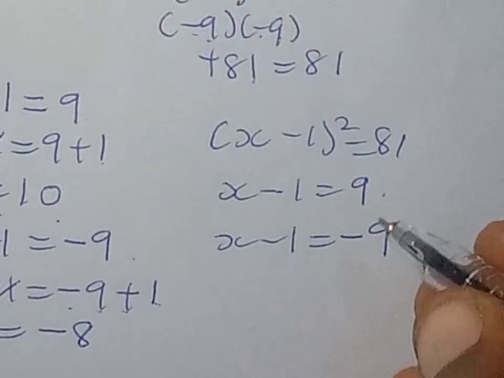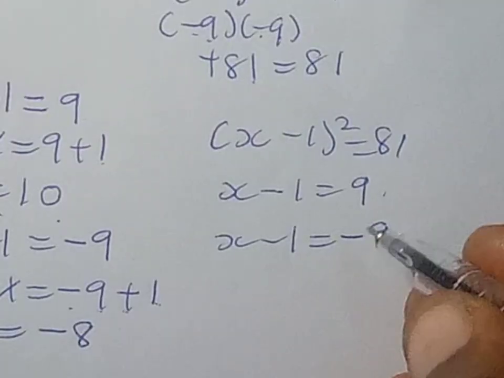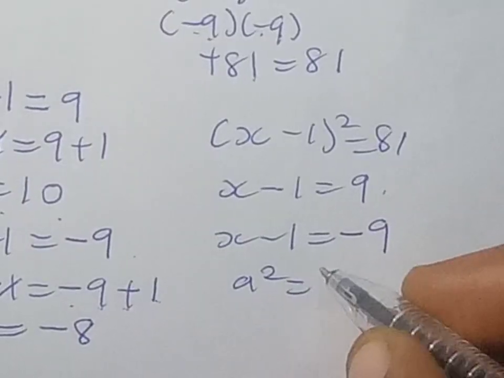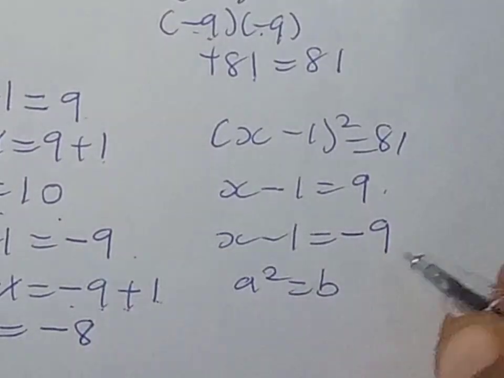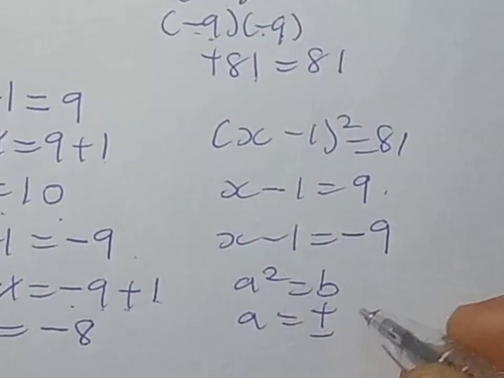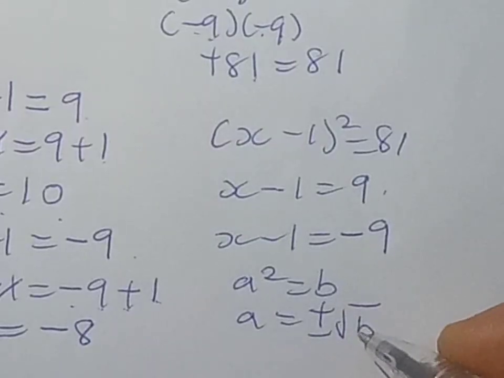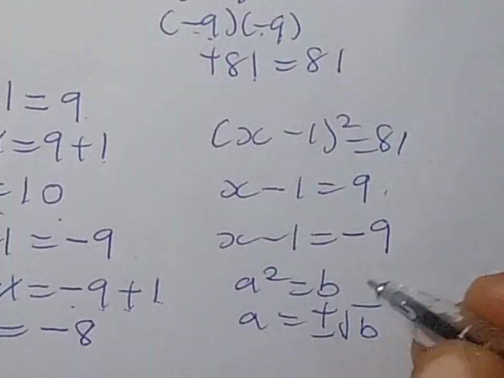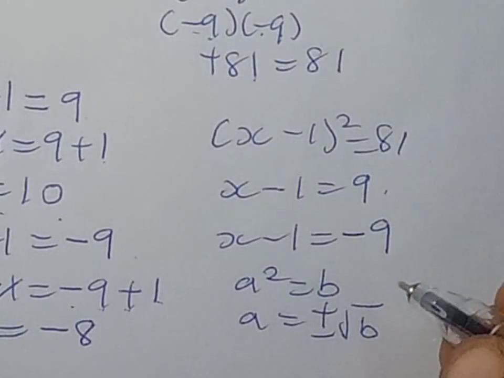Another mistake: whenever you solve equations of the form a² = b, always remember that a = ± the square root of b, unless the question specifically restricts the solution.